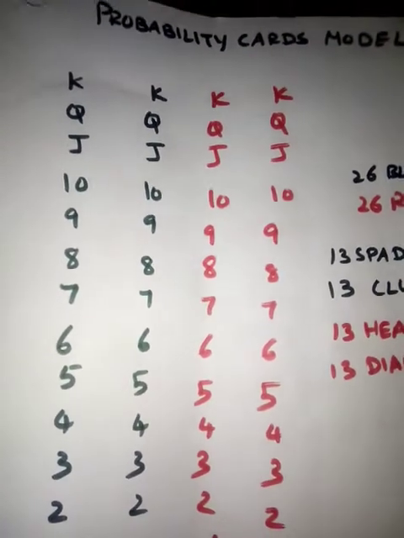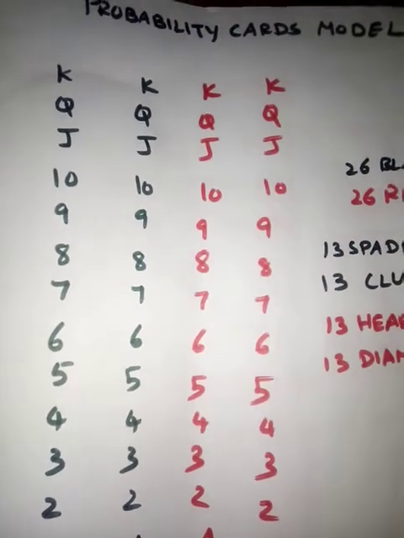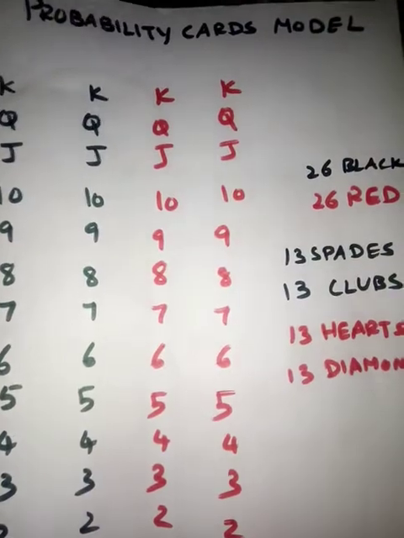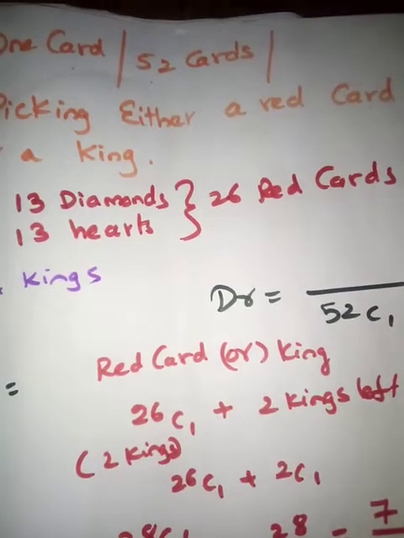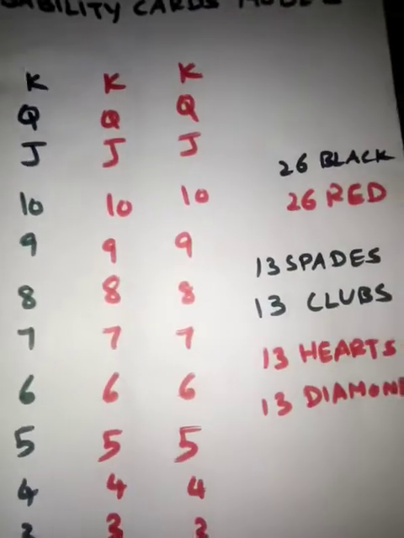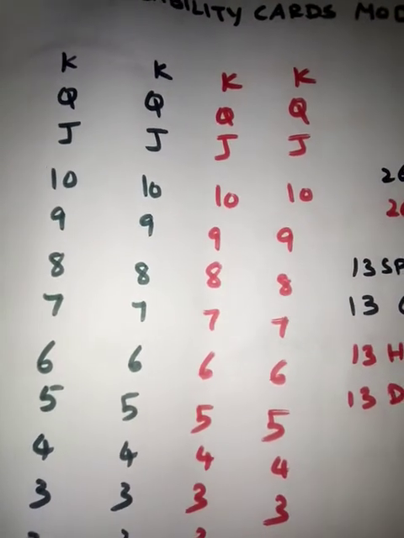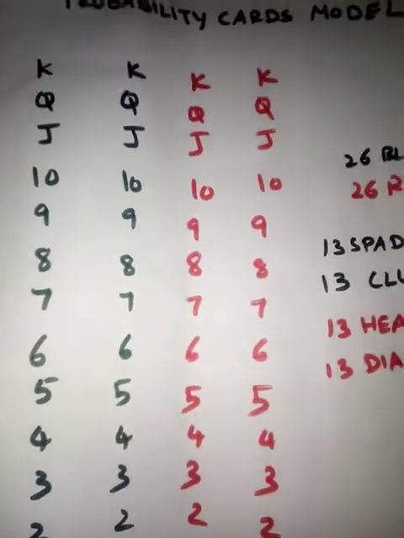In these 4 kings, we need only one. But in the 26 red cards, we can see there are 2 kings, already taken. So 2 more kings are left, and from these 2 only we can remove 1.